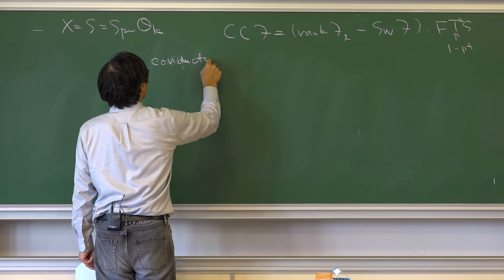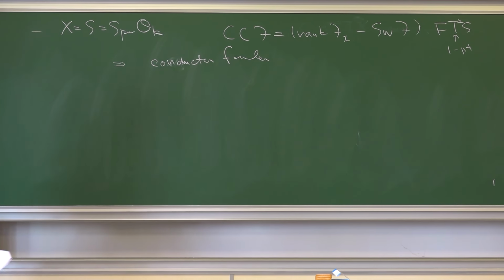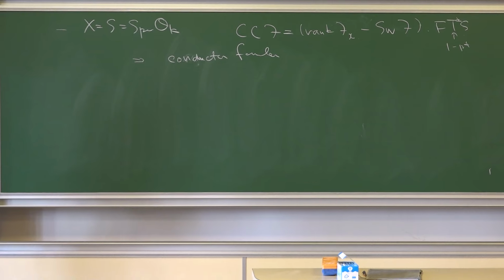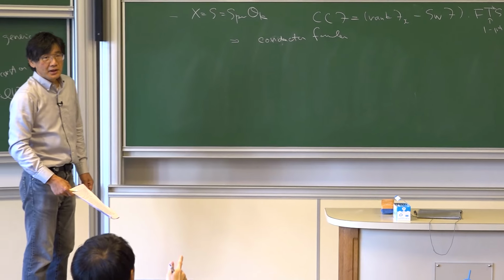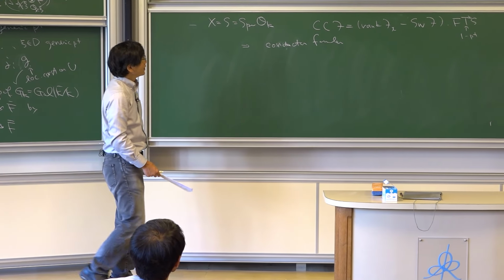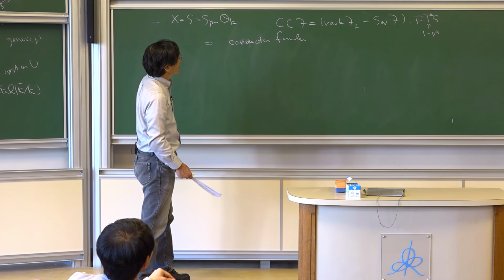Sorry, if rank is 1 and Swan conductor is 1, this is going to be 0. So even in the wild case, CC can be 0, when, for example, rank is 1 and Swan conductor is 1.